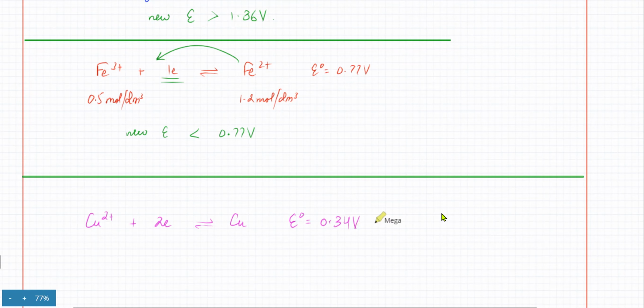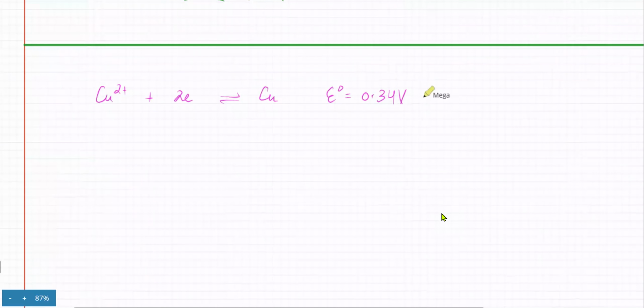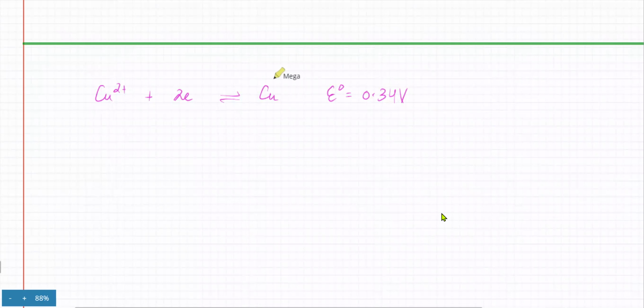The copper 2 plus is aqueous and the copper is solid. And let's say the copper 2 plus concentration has decreased to 0.15 mole per dm cube, instead of the standard 1 mole per dm cube.